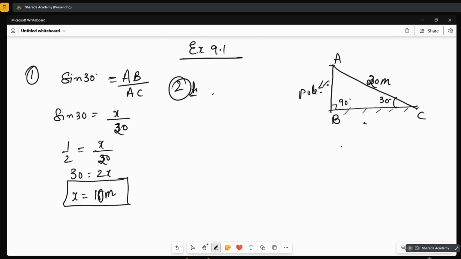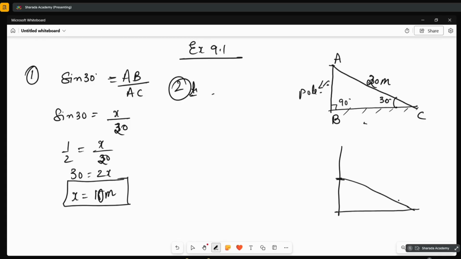So one tree is there, it will bend and fall like this, making an angle of 30 degrees with the stem.